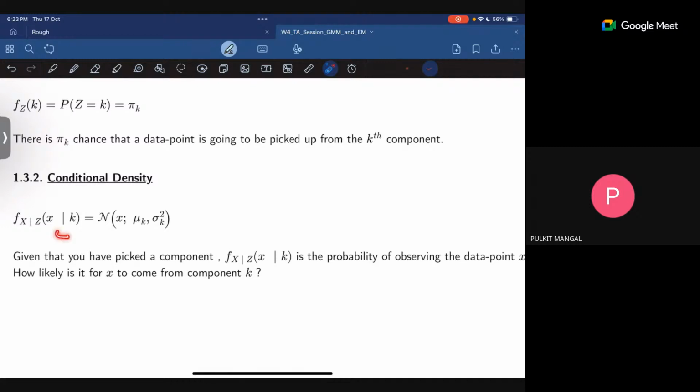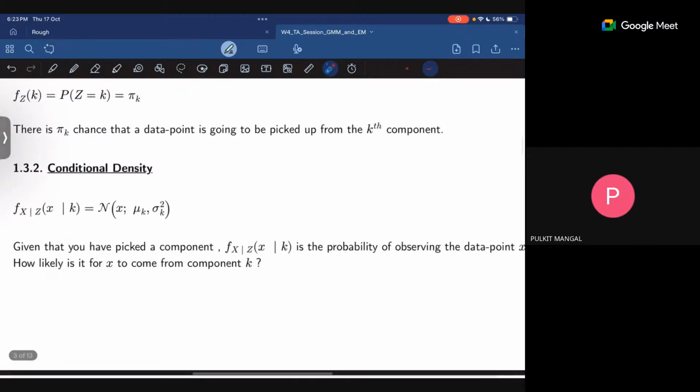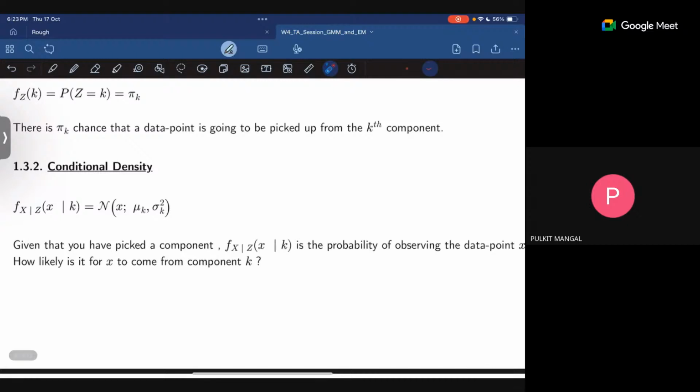So the conditional density is the probability of observing the data point X, that is, how likely is it for X to come from component K. Is the conditional density part clear? Given that we have chosen component K, what is the density for point Xi? That follows the normal distribution.